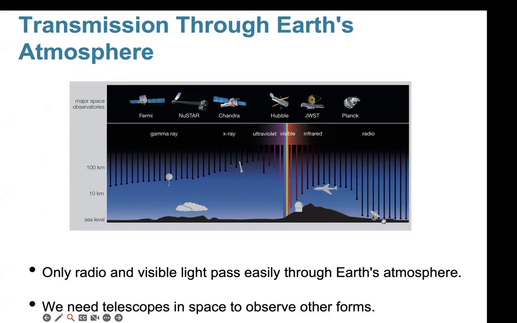The last thing that I didn't mention was that because radio waves can easily pass through the atmosphere, we can take advantage of that, and not just for satellite communication, but to have radio telescopes.